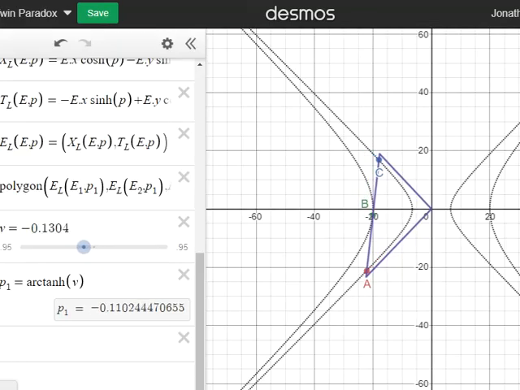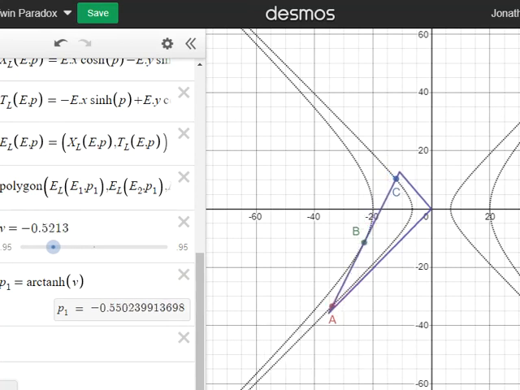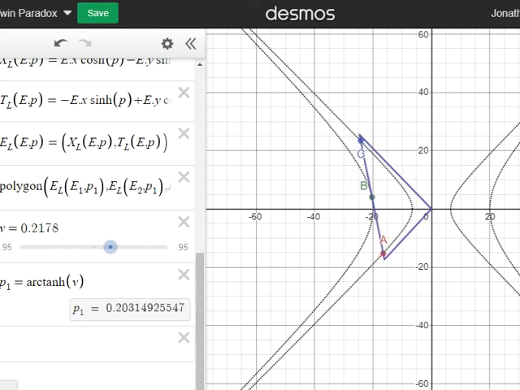Now, just to give this demonstration a little bit more visualization help, I decided to throw in a couple of hyperbolas here, so you can see how each of those events A, B, and C are constrained to hyperbolas.